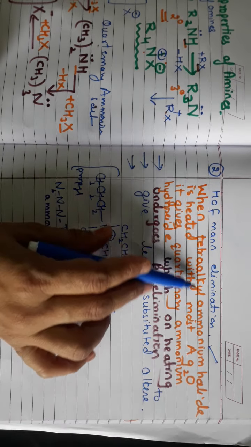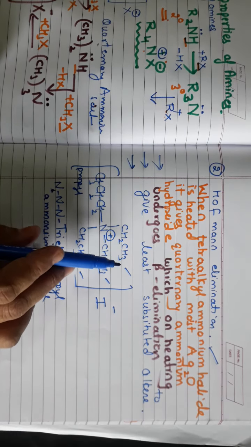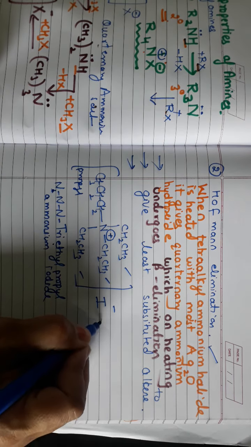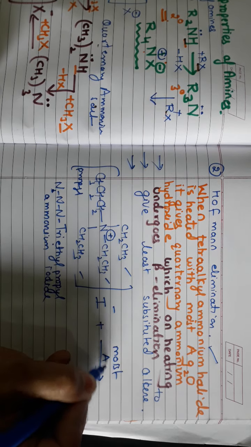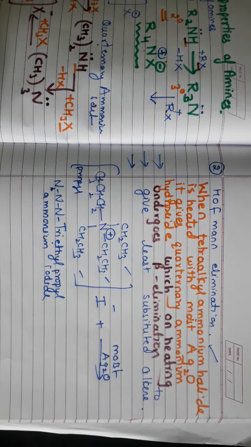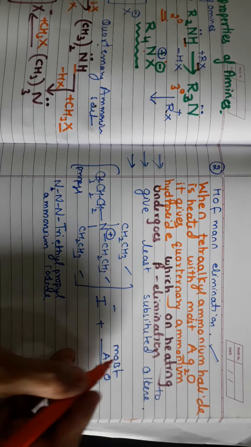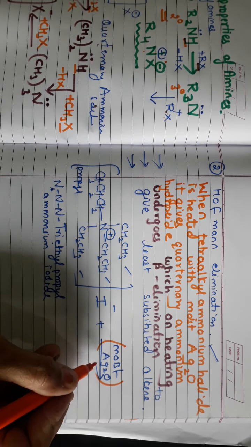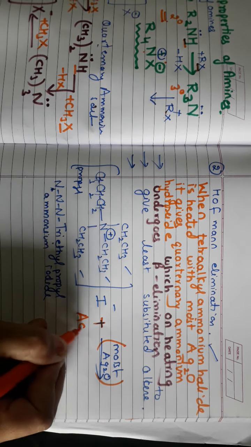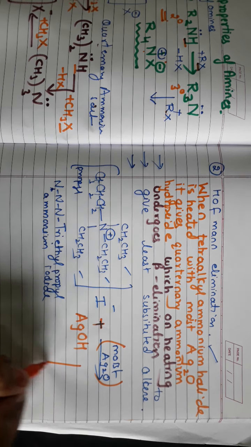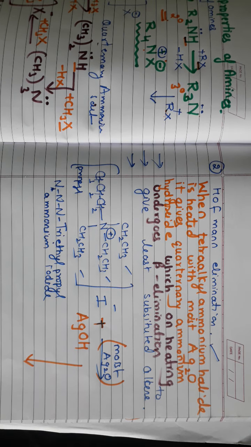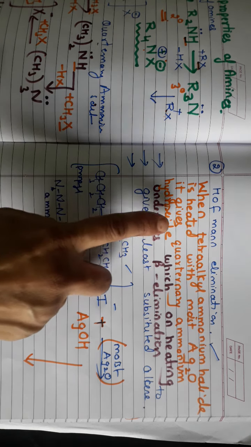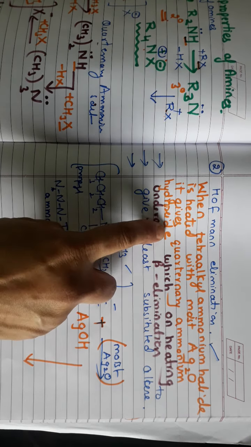When tetra alkyl ammonium halide is heated with moist Ag2O, and students, you can write moist Ag2O, or you can write AgOH also. It gives a quaternary ammonium hydroxide.